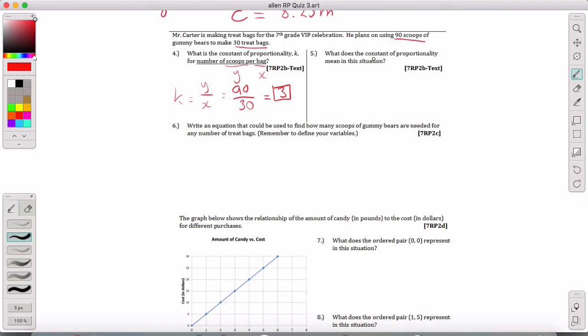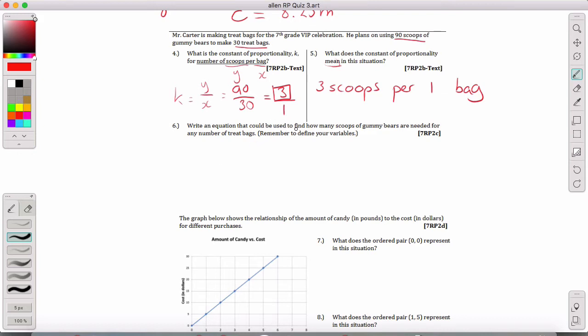Now what does that mean in this situation? What is the meaning of K is 3? Well, it means that there are 3 scoops per 1 bag, per 1 treat bag, because it's 3 over 1.